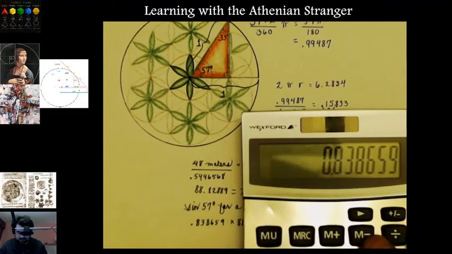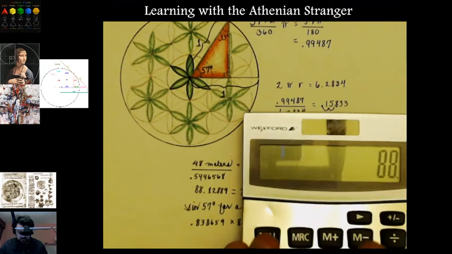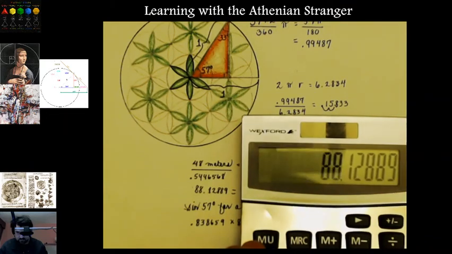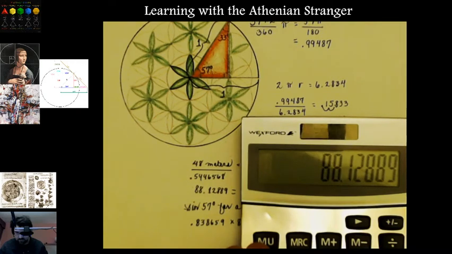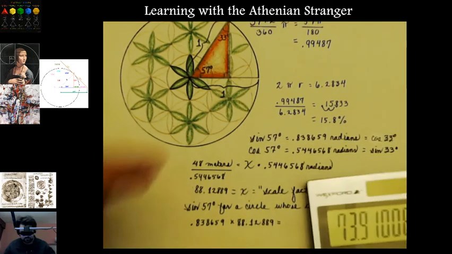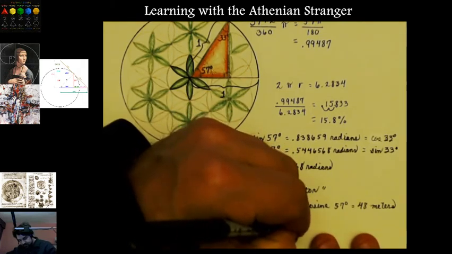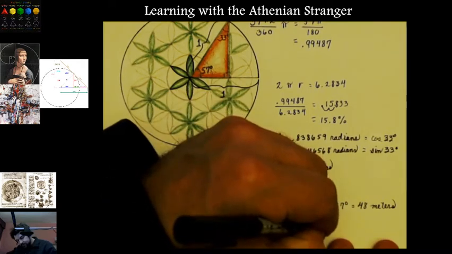I want you to see it happen. Ready? This is going to be the height. If you're standing 48 meters away from a wall at an angle of 57 degrees, this is the height. 73.91 meters.